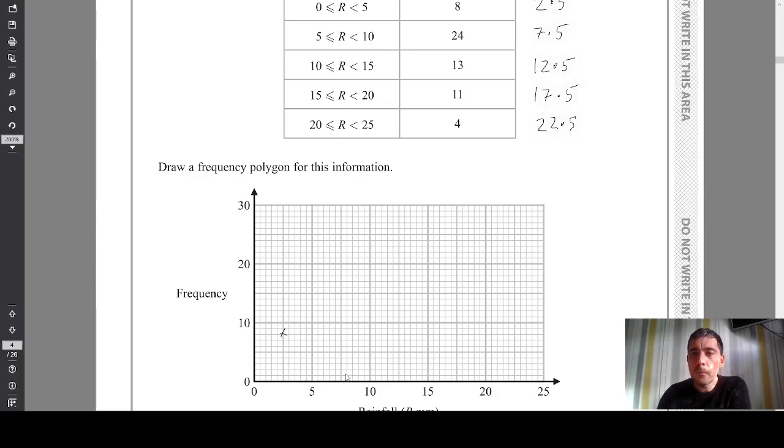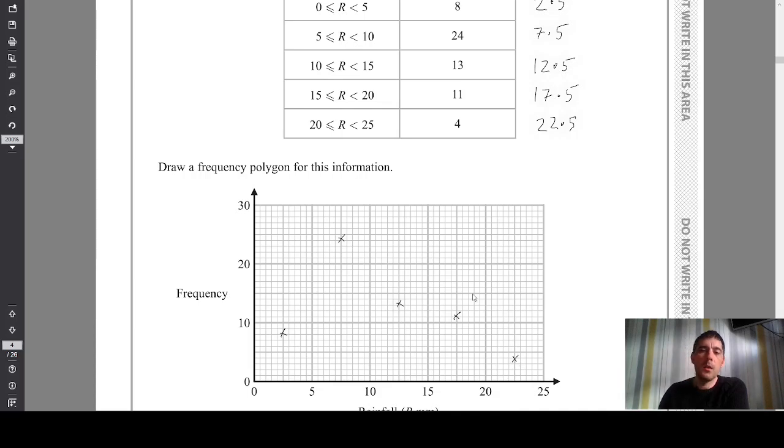So put 1, then the next one on 7.5 is 24, and 12.5, so halfway between 10 and 15, we put 13, just over there. 17.5, where is it, and the point of 11, and last, we'll put 4 on 22.5.